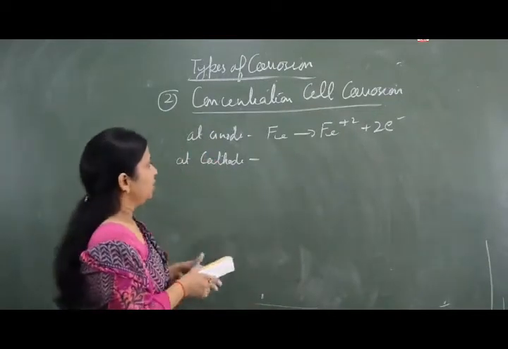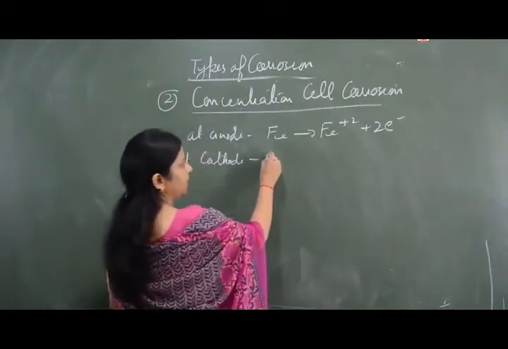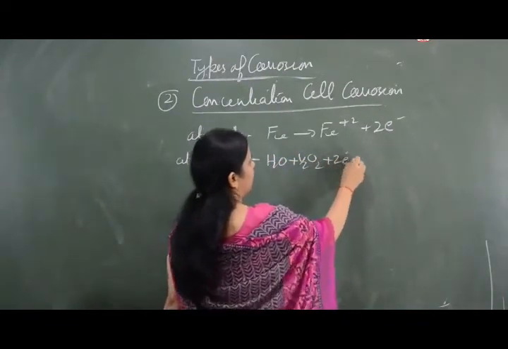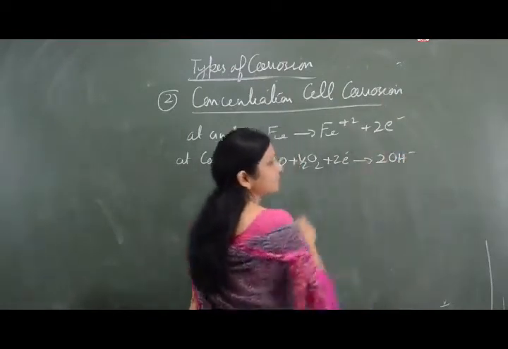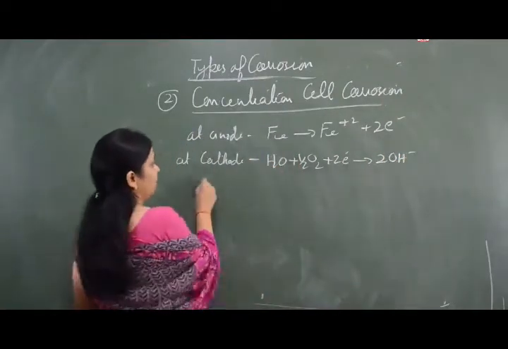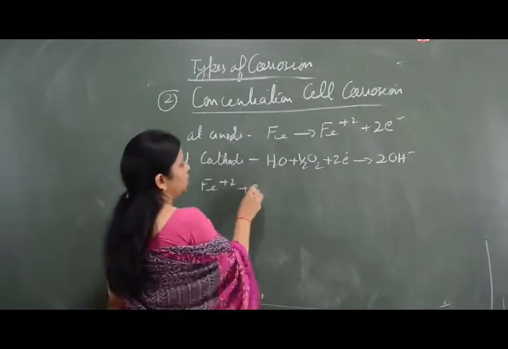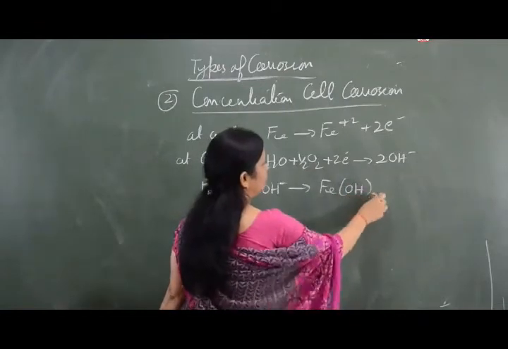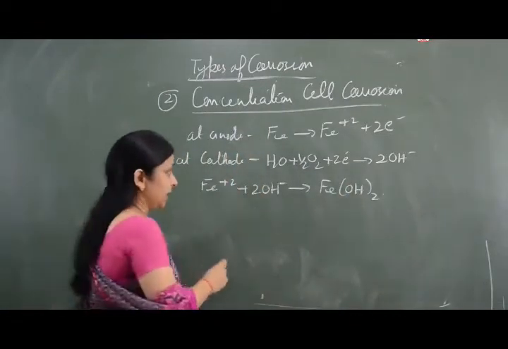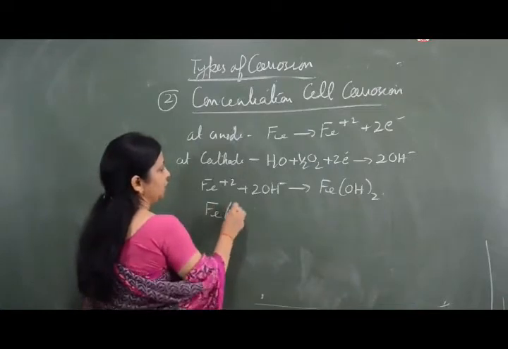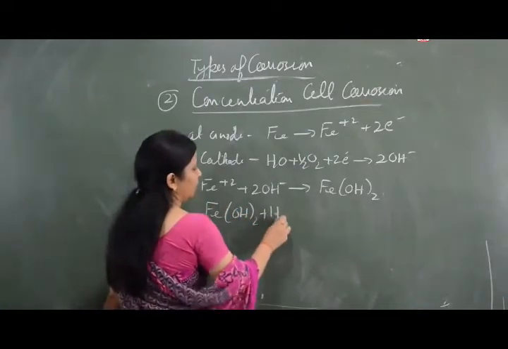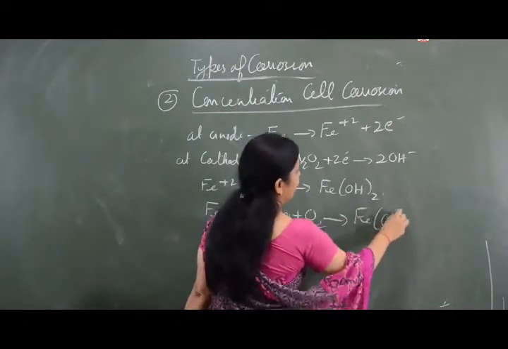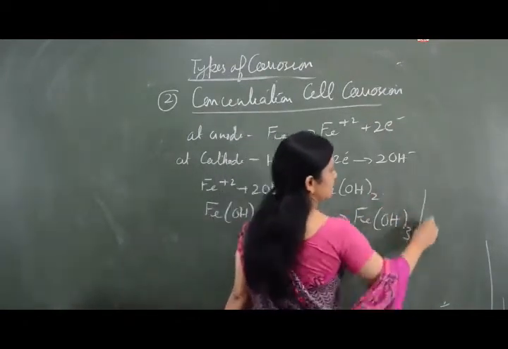At cathode, these 2 electrons are taken up by water plus half oxygen and we get 2 OH- ions. Now Fe2+ ions combine with OH- ions giving Fe(OH)2, ferrous hydroxide, which further undergoes oxidation because water is there, oxygen is there, and we get ferric hydroxide, which is rust.